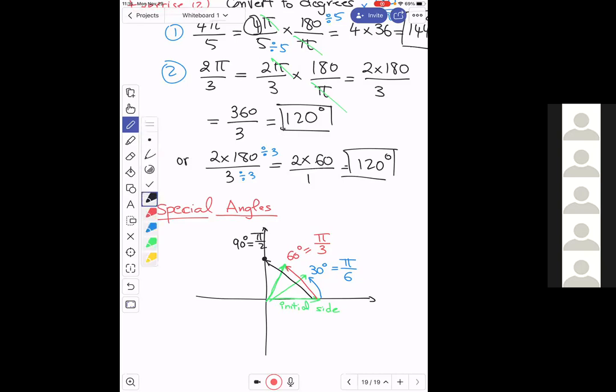So you can do the whole circle, like here.